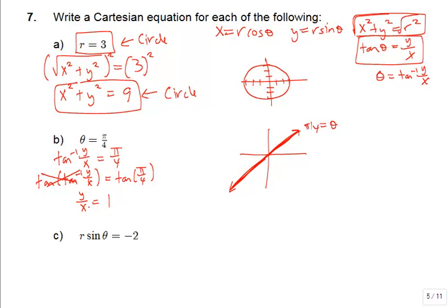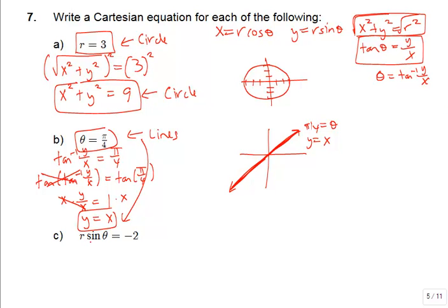And then if I multiply this x on both sides, these cancel out, giving me just y, and 1 times x is x. So that is exactly this line right here that has a slope of 1, and it goes through the origin. So these are both lines. And they're the same.